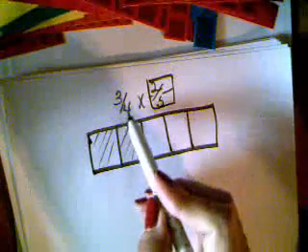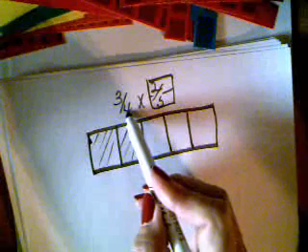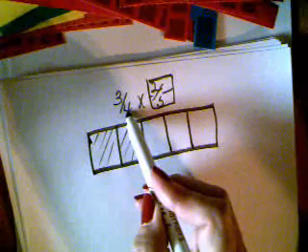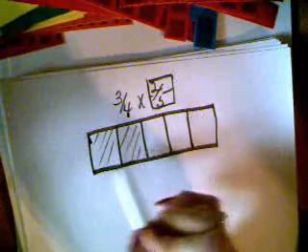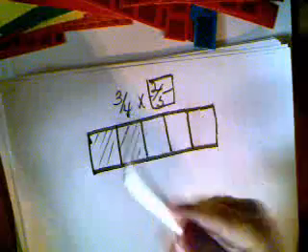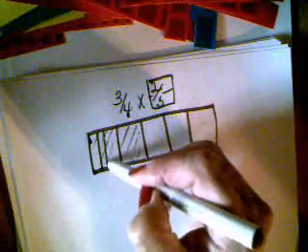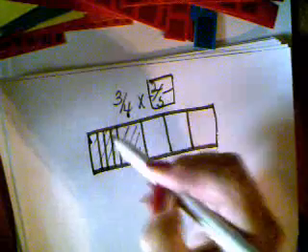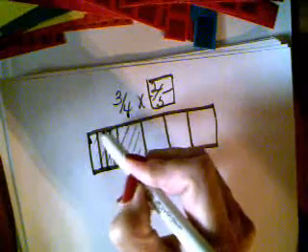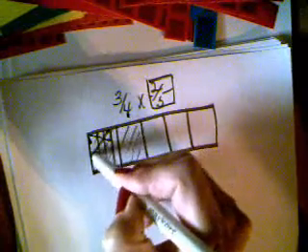And I'm going to take 3/4 of these 2/5. So that means that I have to divide each fifth into 4 parts. And I'm going to take 3 of them.